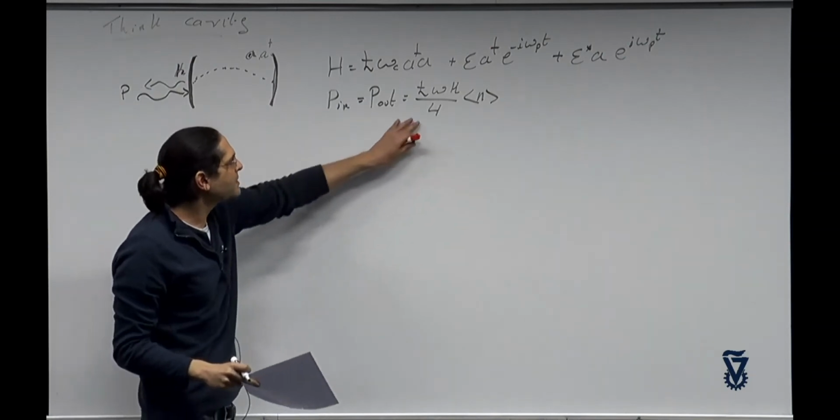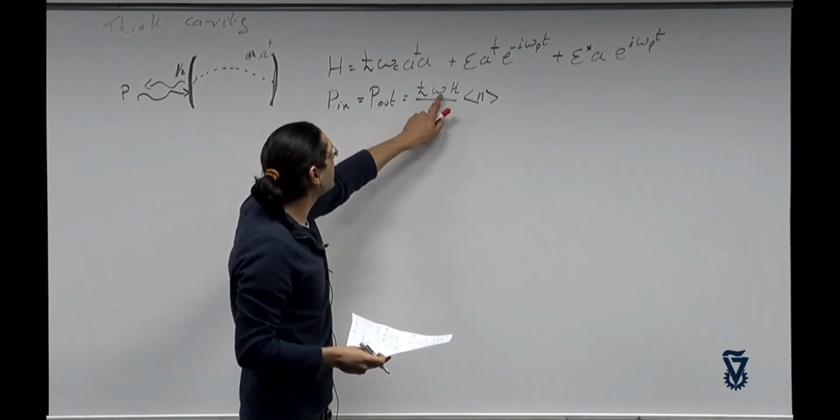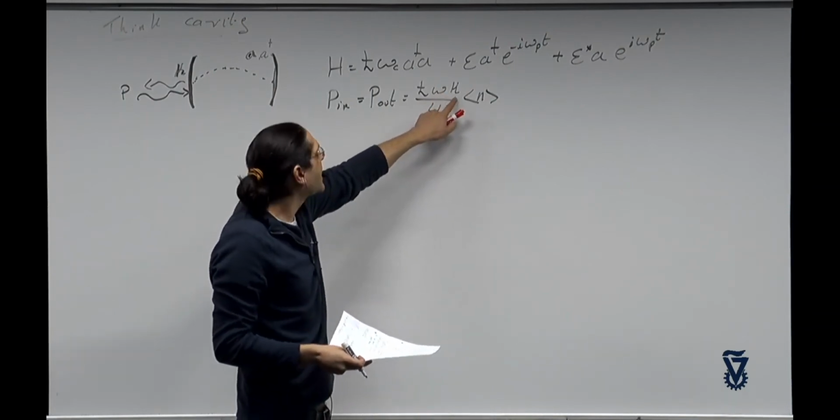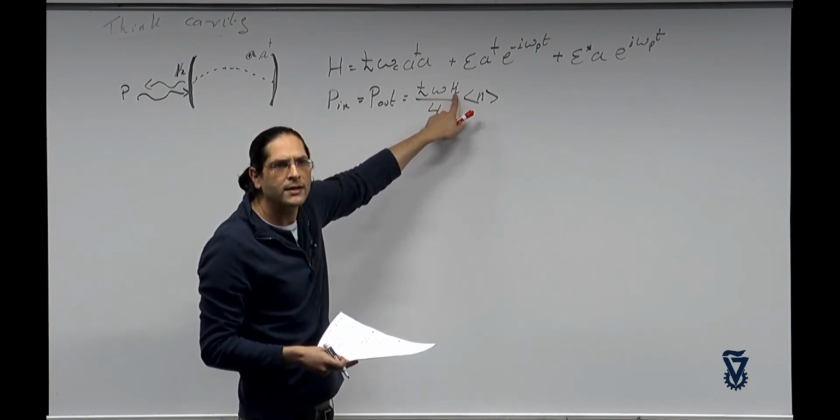I didn't derive this, but let me just qualitatively give you what's going on here. H bar omega is the quanta of energy in the cavity. Kappa is the rate at which photons leak out.